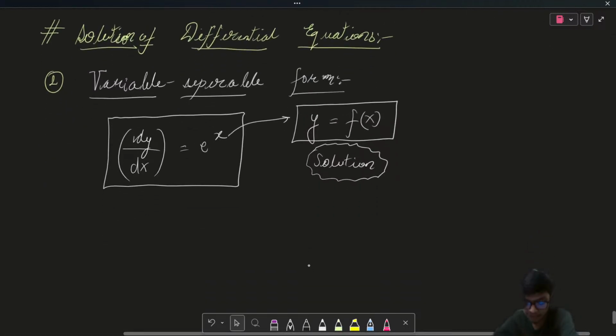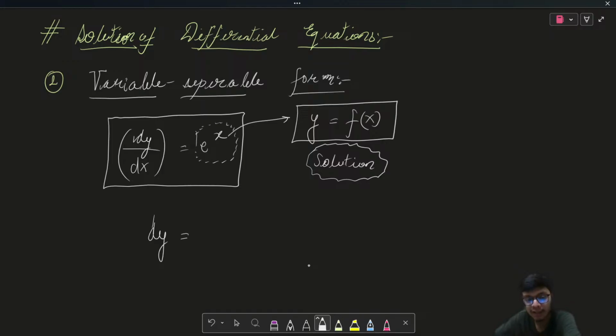From this differential equation, if I write the equation in a form called variable separable form, what do I mean by that? The function on the right hand side is a function of x, and on the left is the derivative dy by dx, so dx is in the denominator. What if I move dx across and write e to the power x into dx?